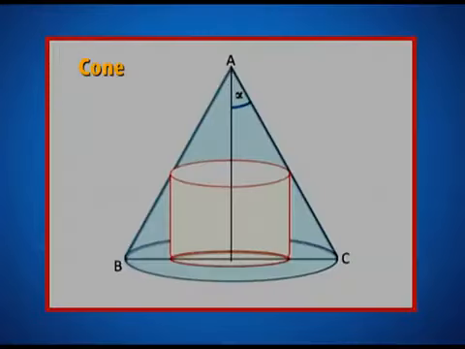Now, what do we mean by a cylinder inscribed in a cone? Take a look at this picture. Here we have a cone. The cone is given. Why? Because its semi-vertical angle, which is the angle between the height and slant height, is given to us. So, given would mean it is fixed, constant. Therefore, the height, radius and slant height of the cone are fixed. It is only the inscribed cylinder which is changing its dimensions.